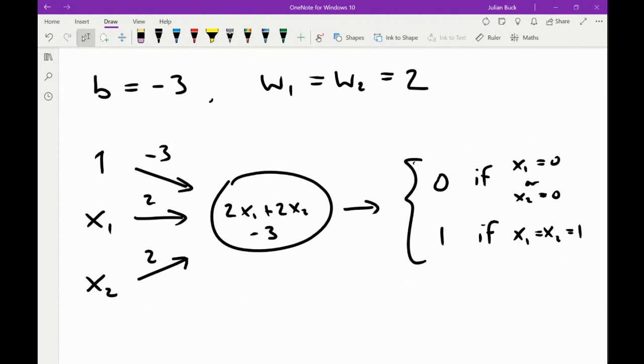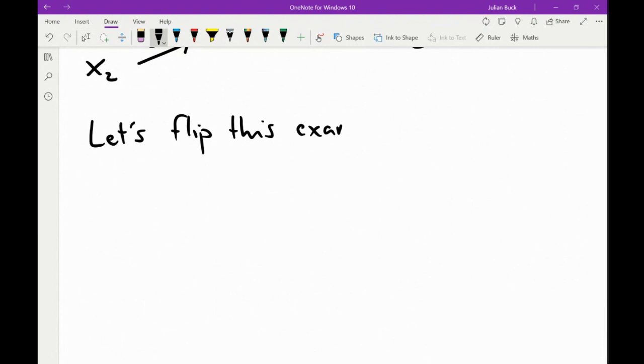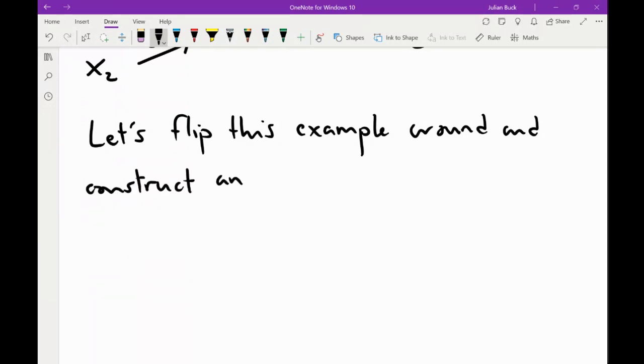All right, let's do one more example. In some sense, let's flip this example around and construct what we might call a NAND gate.